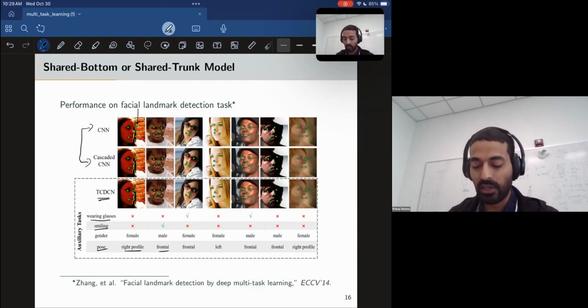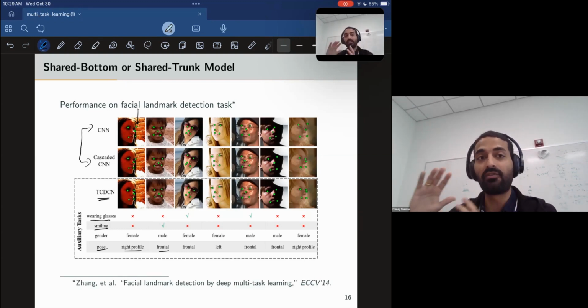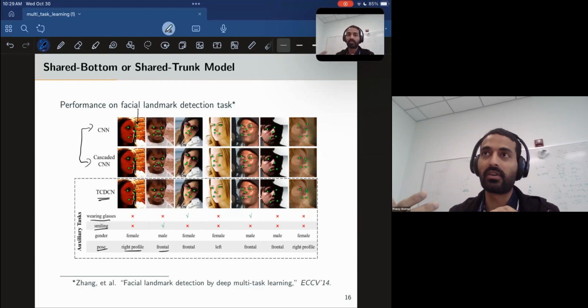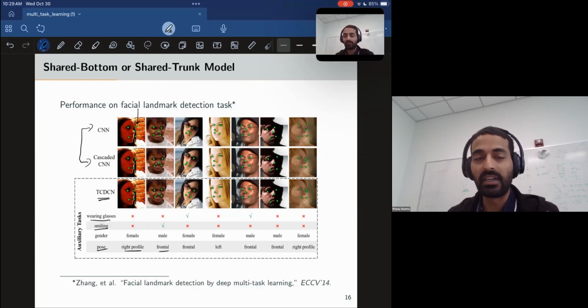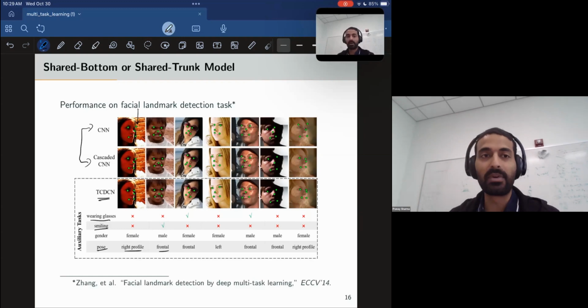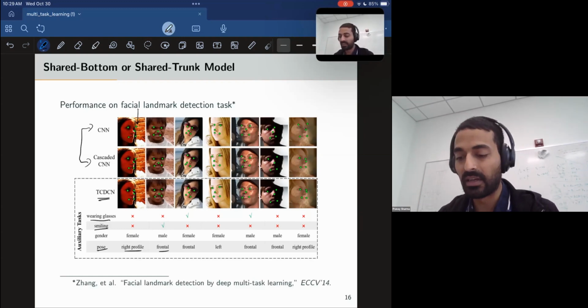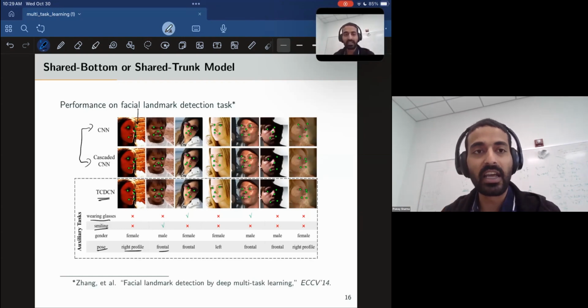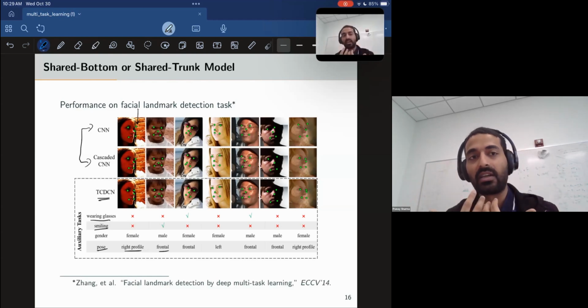this is going to be a hand wavy argument. And as I'll mention at the very end, this phenomenon of when this positive transfer across tasks happens and when it does not happen is not understood very well mathematically. So the idea is that when you try to learn multiple tasks, you sort of learn some underlying information about how faces are constructed.